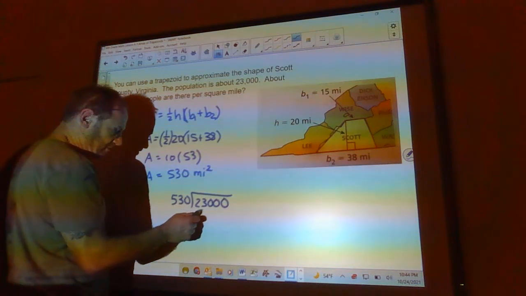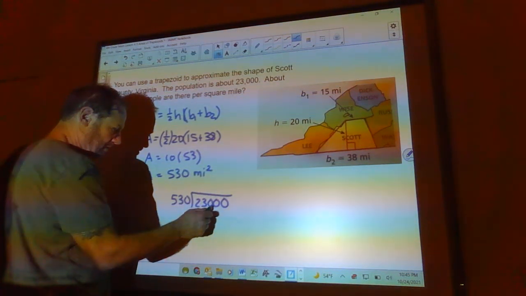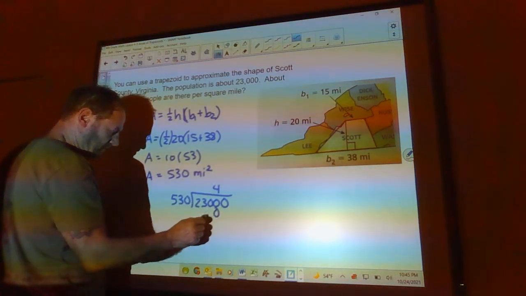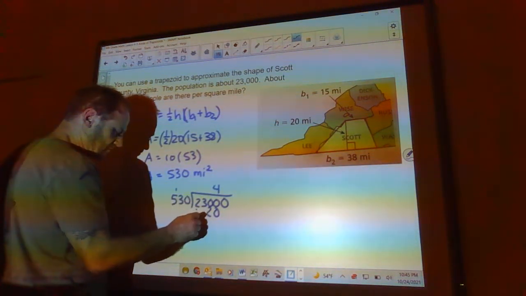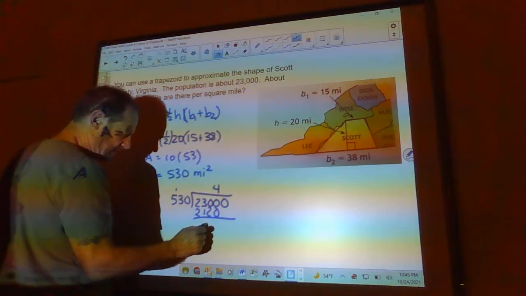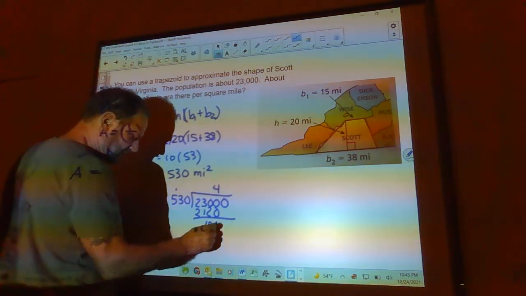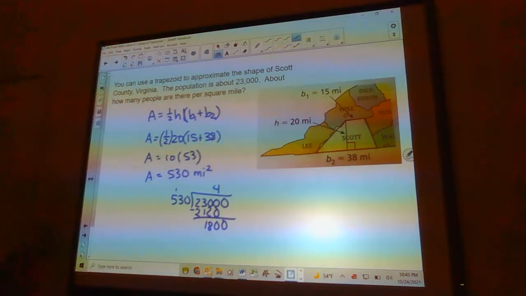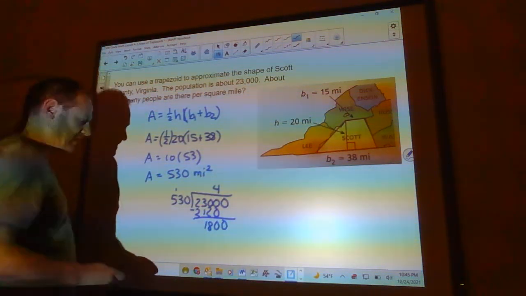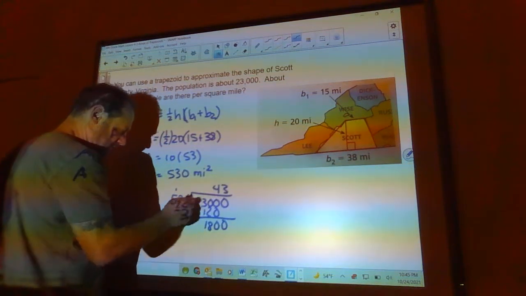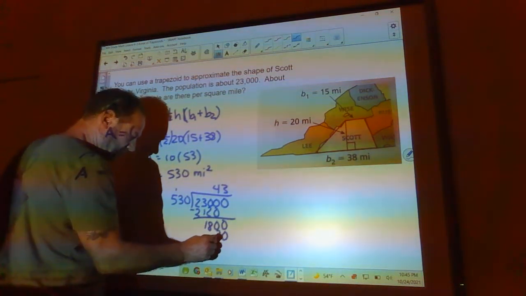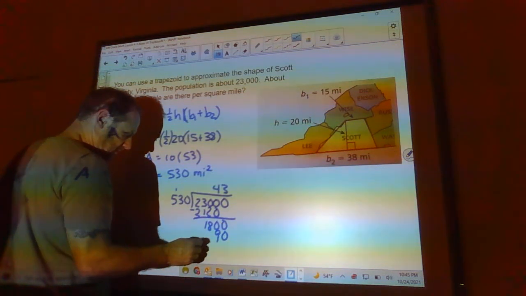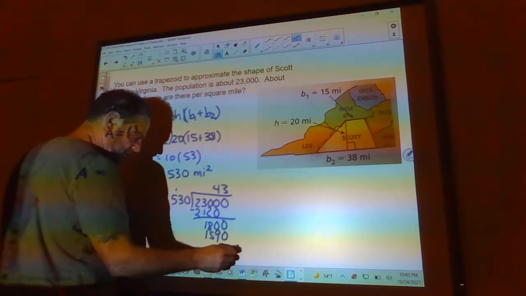Okay, so that should go in here about 4 times right there. So that'd be 0, that'd be 12, that'd be 21. That leaves 180 when I subtract, and I drop down a 0. That's going to be about 3. So that'd be 3 times 0, 3 times 3, and 3 times 5 is 15.